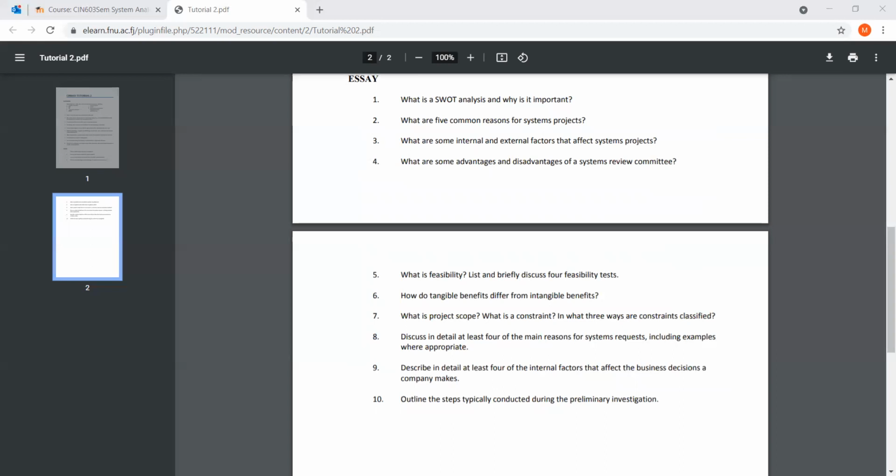Strength, weakness, opportunities, and threats. Thank you, Ronesh. SWOT stands for strengths, weaknesses, opportunities, and threats, all of it with S at the end. Do write it down, please.